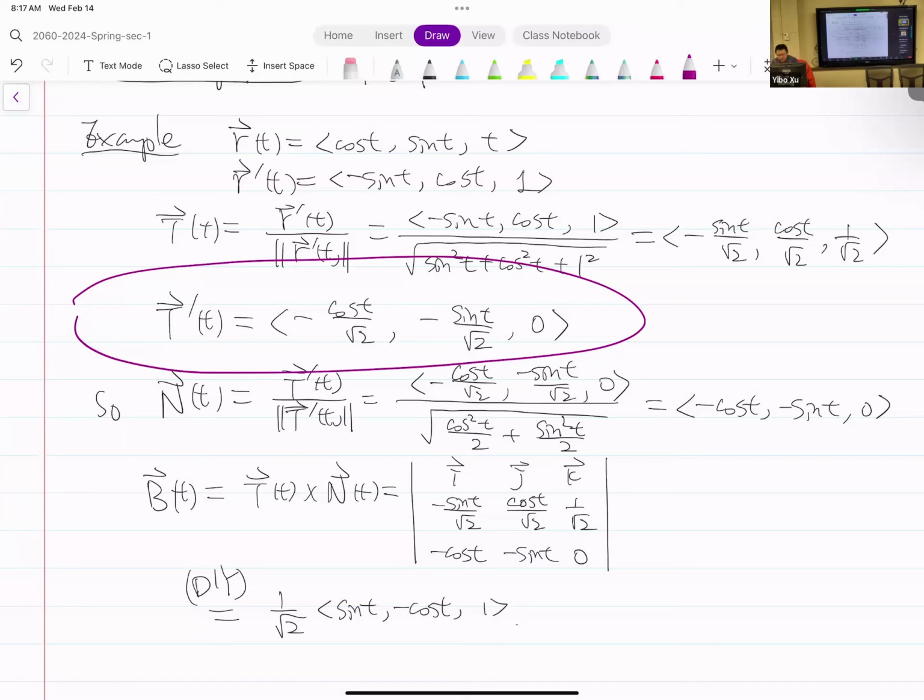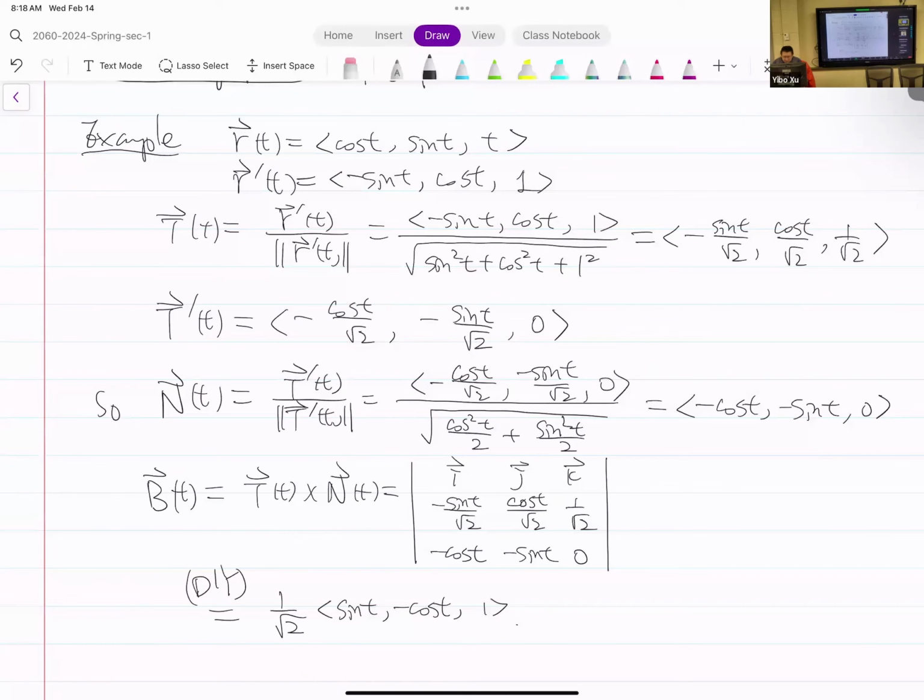But if T prime looks complicated when you're doing the calculation, then you can use the other formula, where you cross r prime and r double prime and then divide by the magnitude of r prime cubed. So there are two formulas for curvature. There's always a kind of freedom of choice, which is always making these Calc 3 questions harder in a sense.